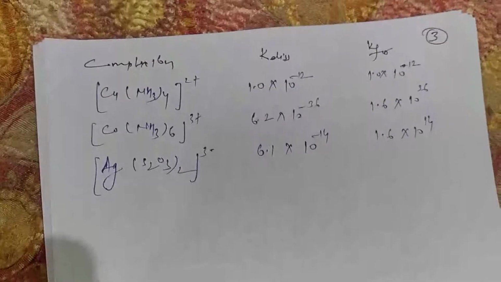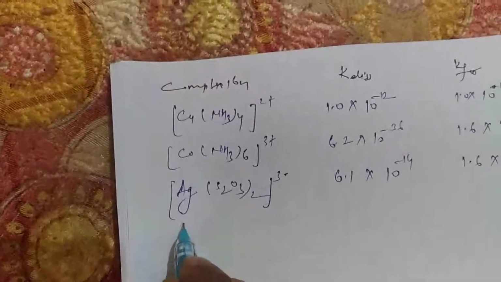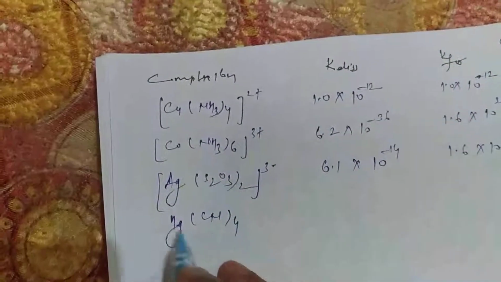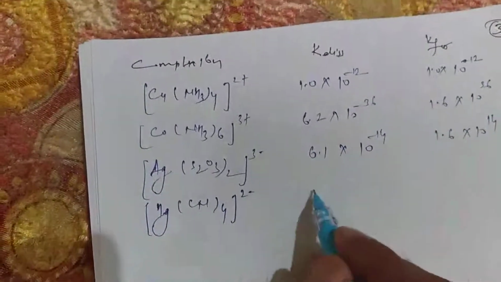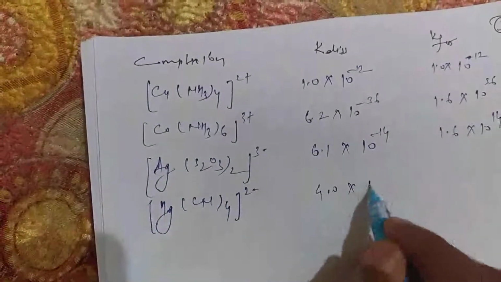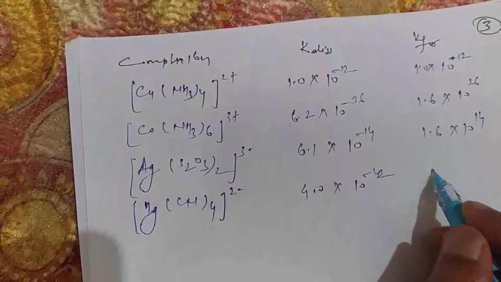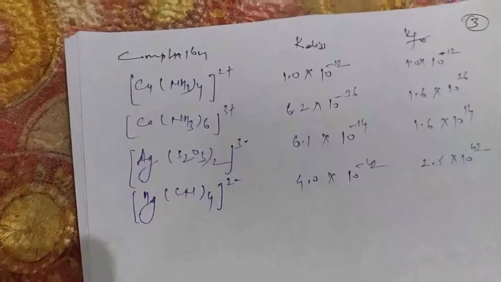Got it? Next, Hg(CN)4 2 negative. This is 4.0 times 10 to the power minus 42, and this will be 2.5 times 10 to the power 42.